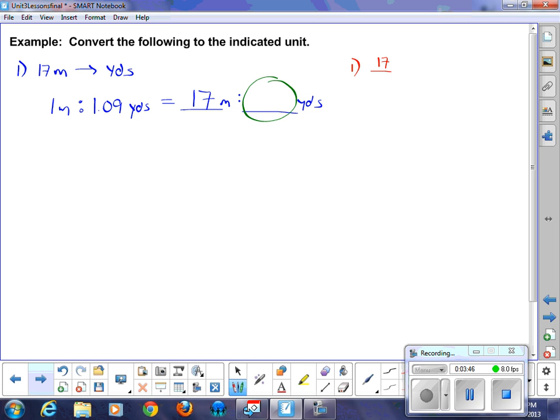The corresponding is meters and meters, so 17 divided by 1 is 17. The second step is to take your answer from above and multiply it by the other number in the ratio, that's the 1.09. So we plug that into the calculator: 17 times 1.09, and we get 18.53.